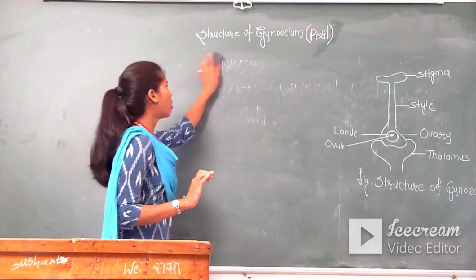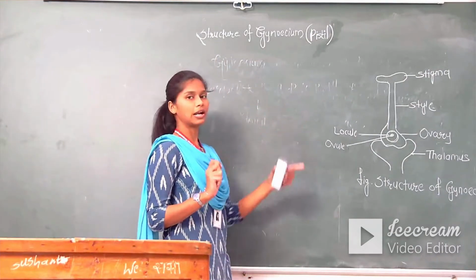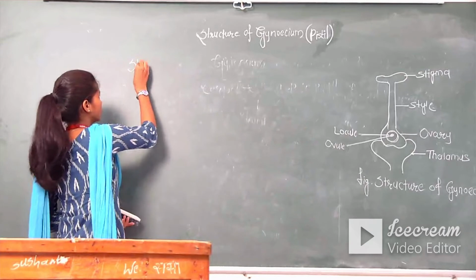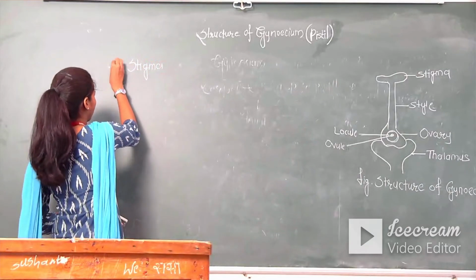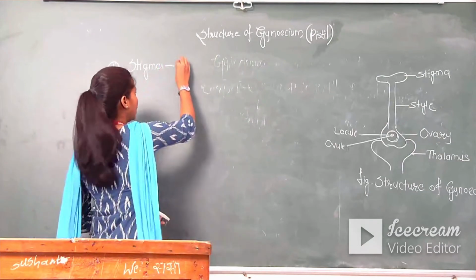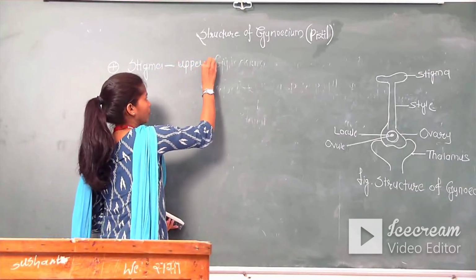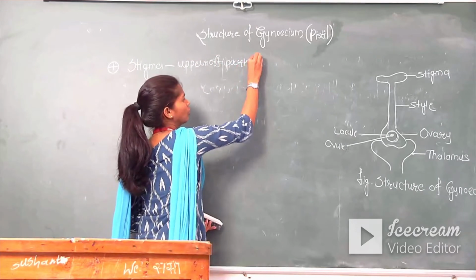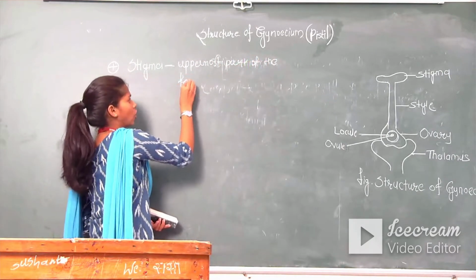Gynoecium is made up of mainly three parts: stigma, style and ovary. Now let's see the detailed structure of stigma. Stigma is the uppermost part of the female reproductive organ.